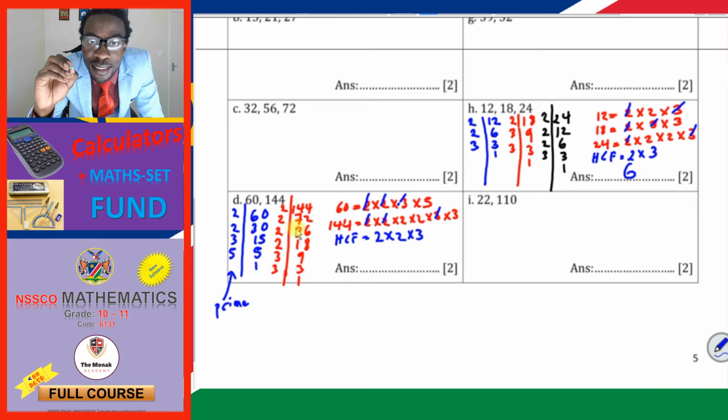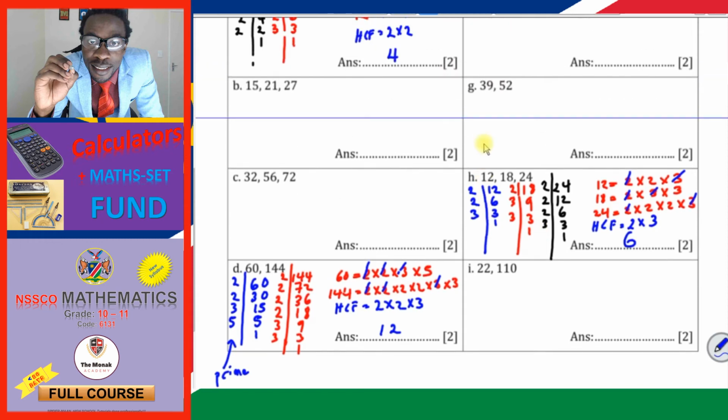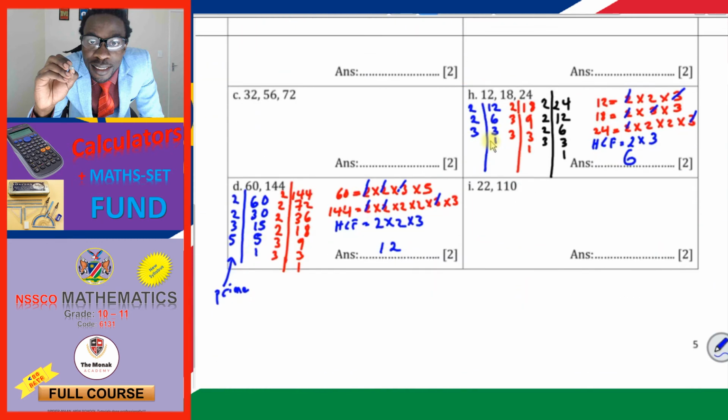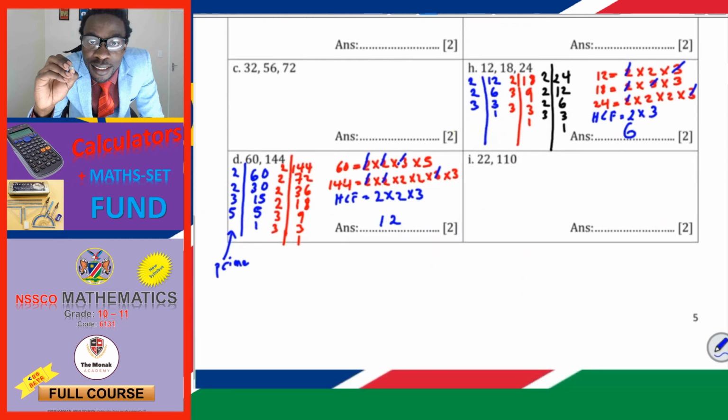So only these are common. So 2 times 2 times 3 gives you 12. That's your highest common factor of 60 and 144. Alright, that should be it. You attempt the remaining questions for highest common factor.